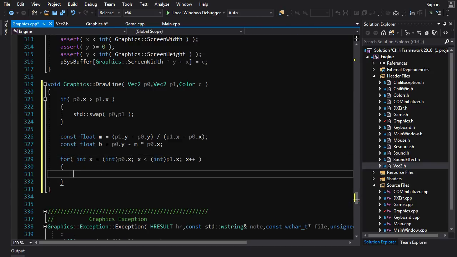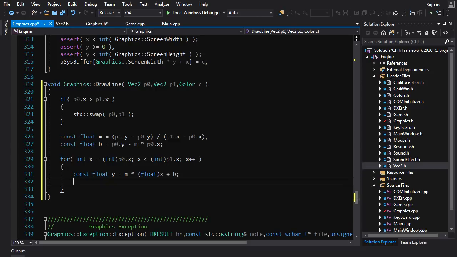There's some things we can tweak later on in terms of how we want to round things, but to start off with, we'll just keep it simple. So we loop through all the x's, and then we go const float y is equal to mx plus b, and then we do put pixel xyc, convert y to an integer.